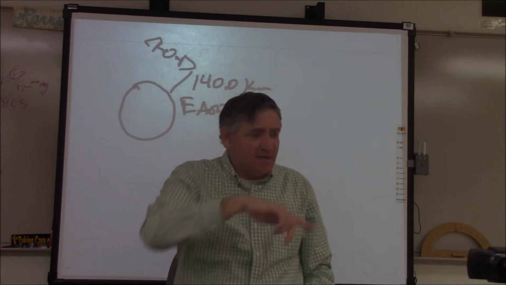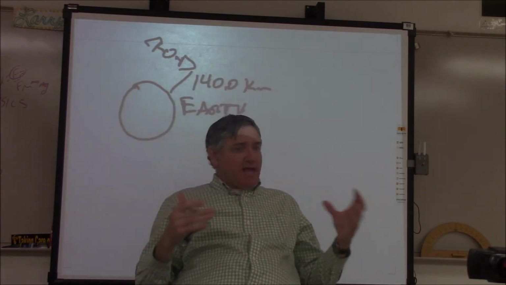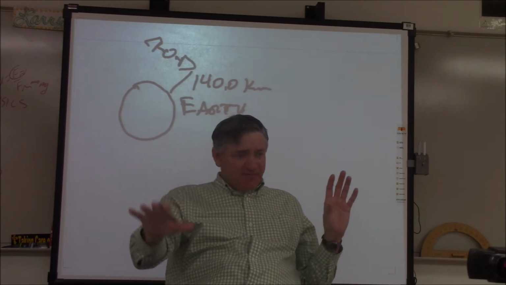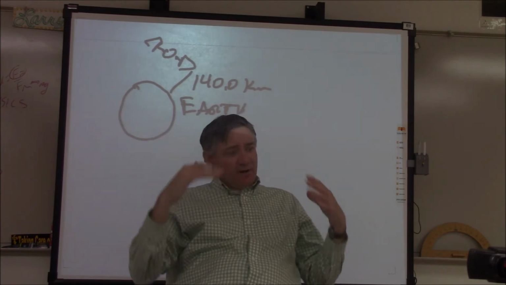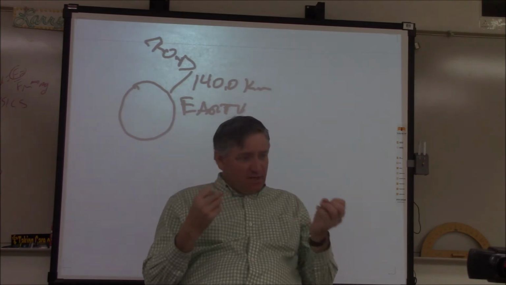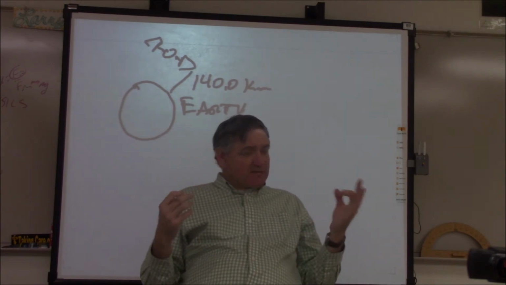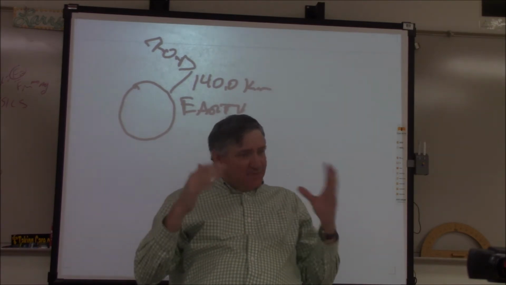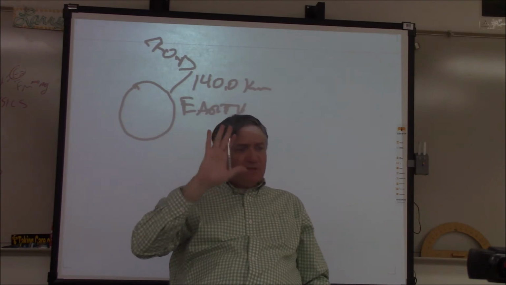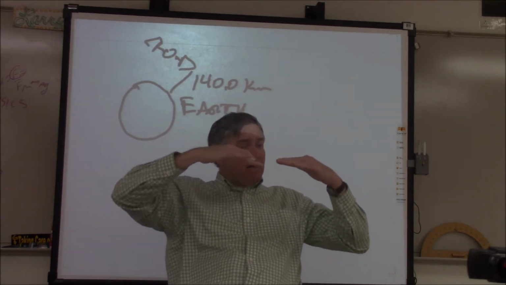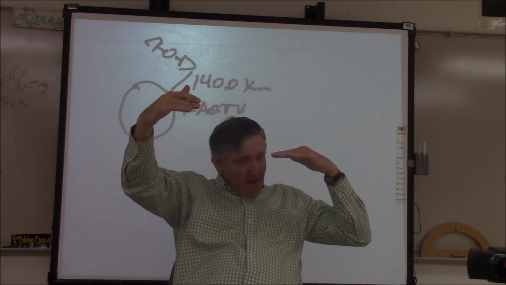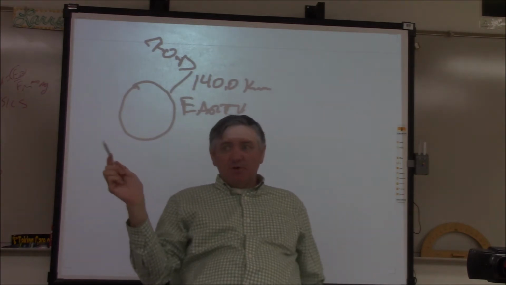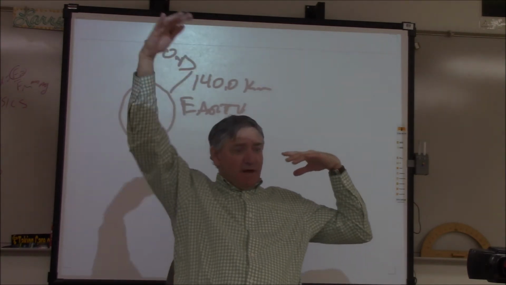We just have to get above our atmosphere because we can't make things orbit as fast as they need to go within our atmosphere because of frictional heating with the nitrogen and oxygen molecules. And things heat up. So what we have to do is get them high enough to be outside of our atmosphere.